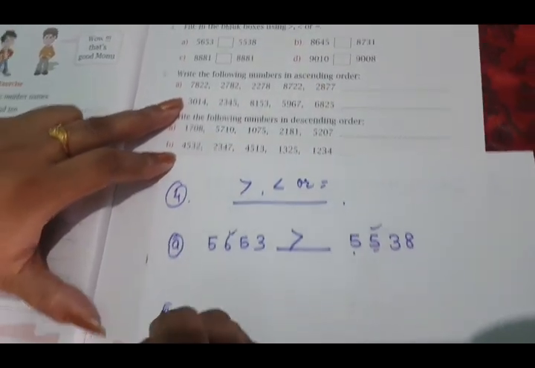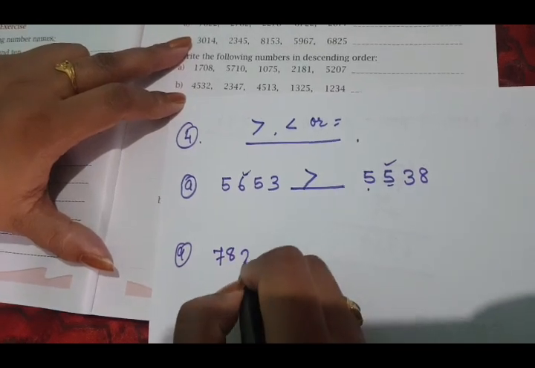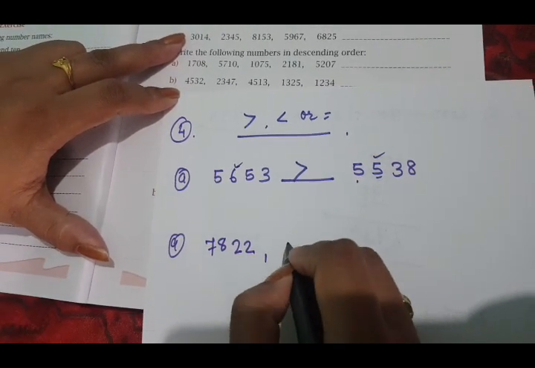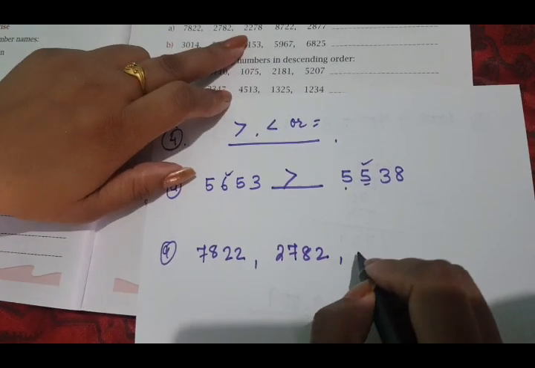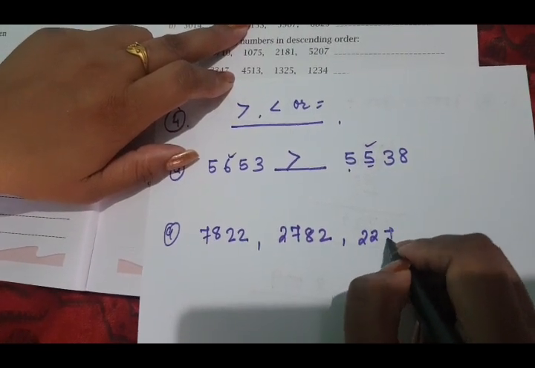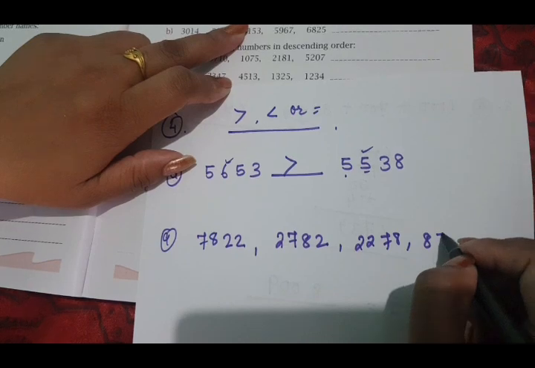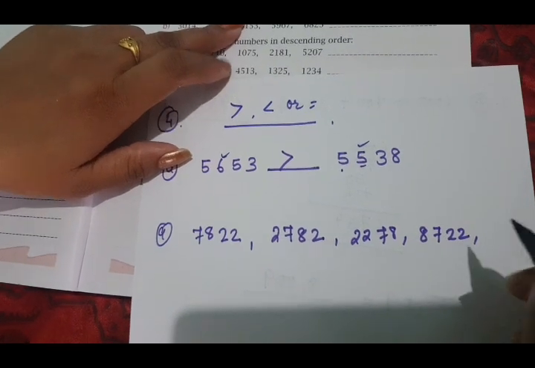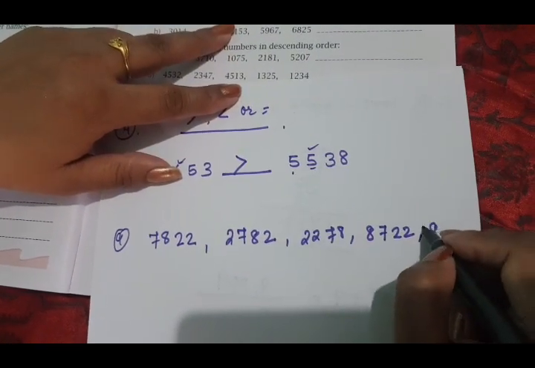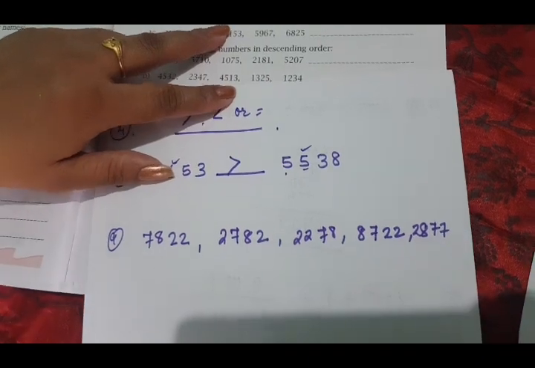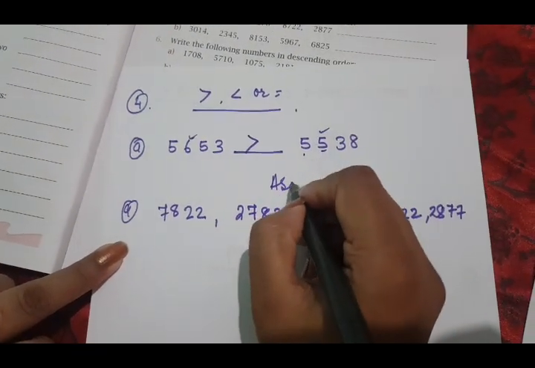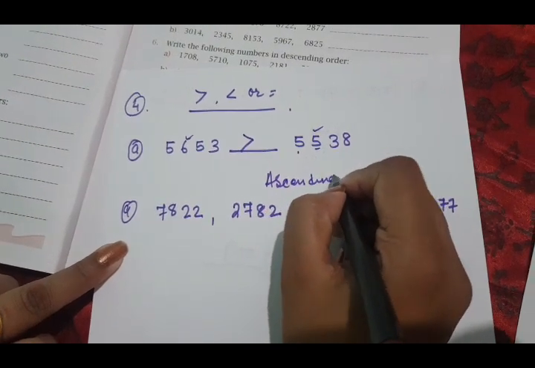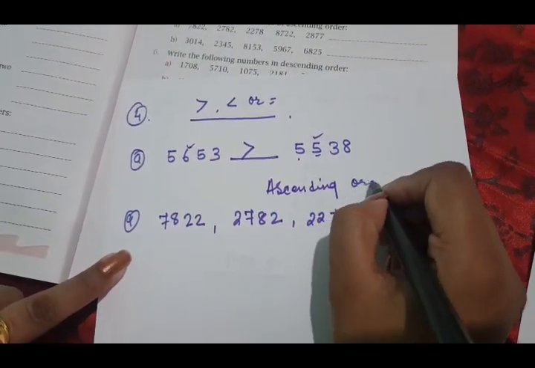So the numbers are given here: 7822. The second group of number is 2782. Third group of number is 2278. And next is 8722. And the last group of number is 2877. Now among all these numbers, we are finding ascending order.